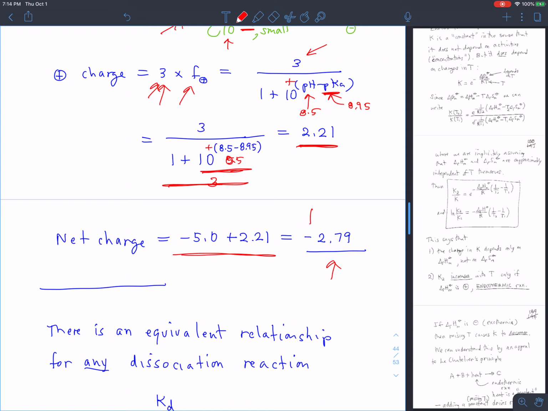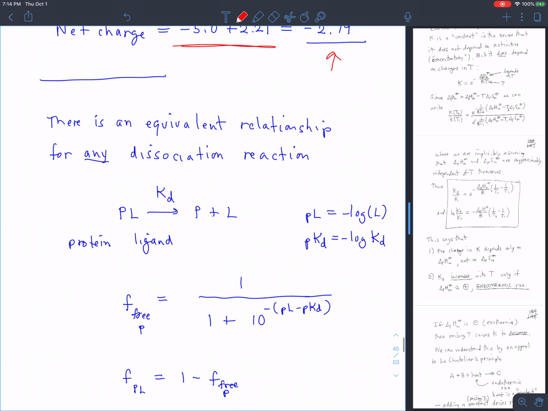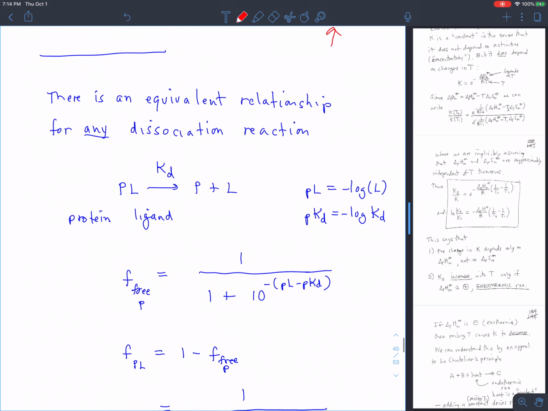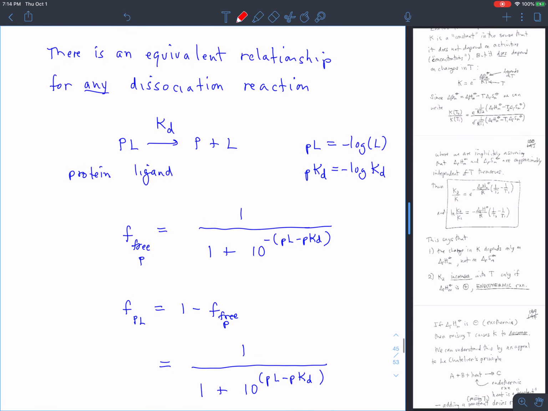Minus 2.8 is the total charge on the protein. That's a useful calculation to do. There are actually little programs out there on the internet, I think, that do these kinds of calculations for you if you plug in a particular protein and give it the sequence so it can find out how many ionizable groups there are.